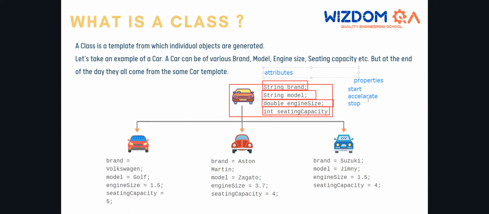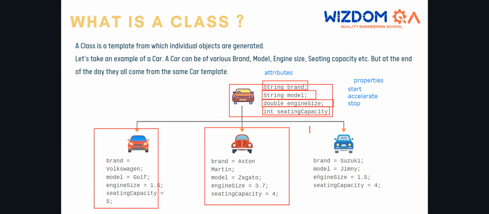Okay, now this template I created, this is just a template. It has no data until and unless I create instances of that class. Instances will be these guys, something that has the data in it.